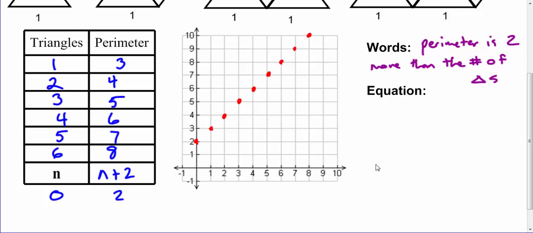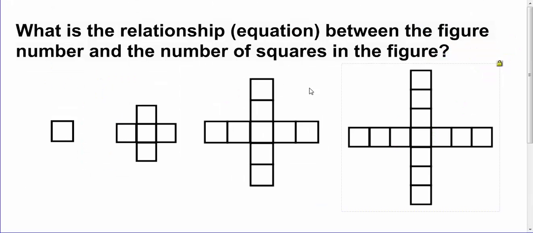Okay, and the equation, well, when you look at this graph, you can see our slope is up 1 and right 1. So our equation would be y equals 1 times x, or just simply x, but notice the y-intercept is at 2. So y equals x plus 2. So we're taking data, doing a little analysis, kind of interesting stuff. All right, let's go on to the next one and see what it looks like.